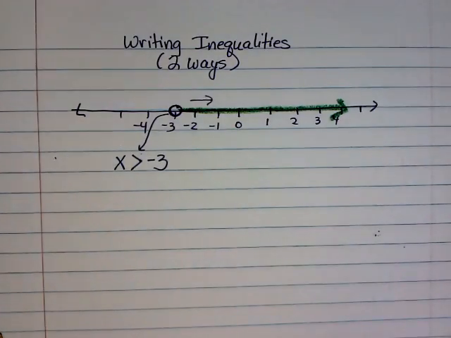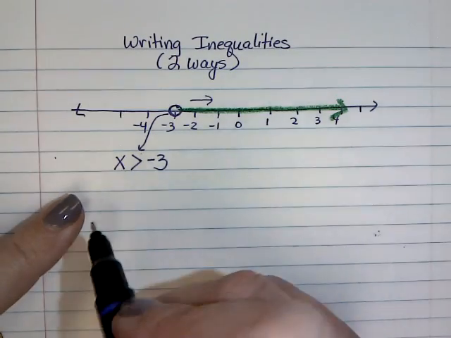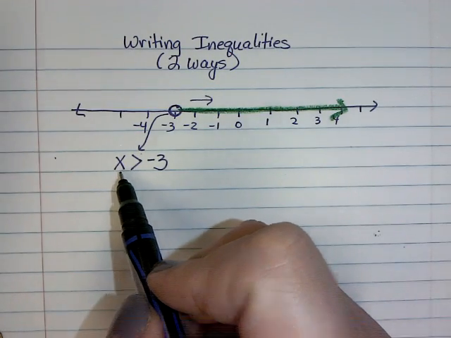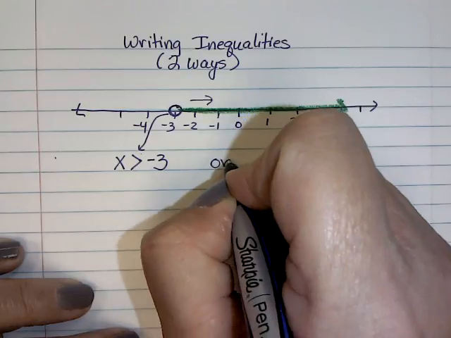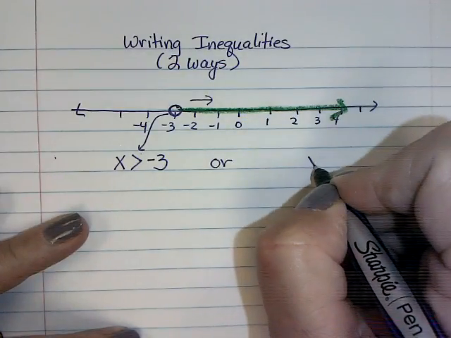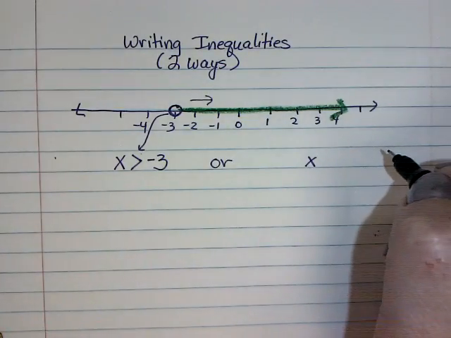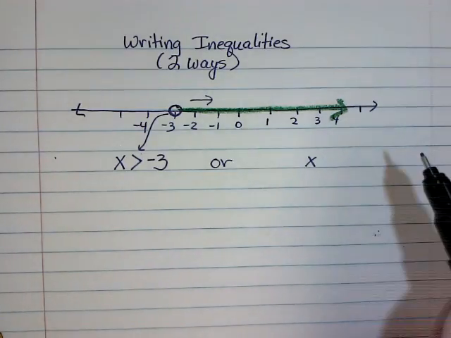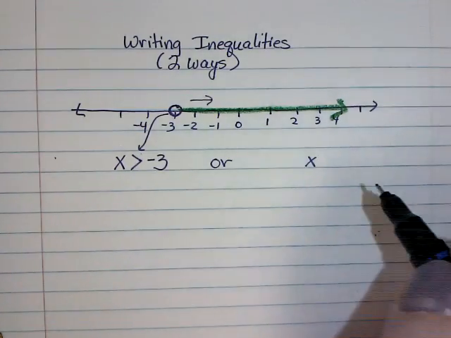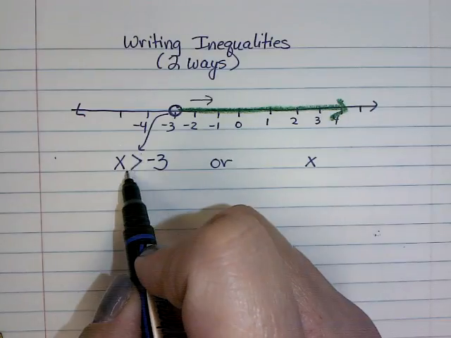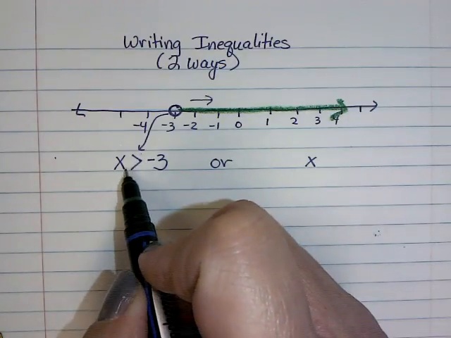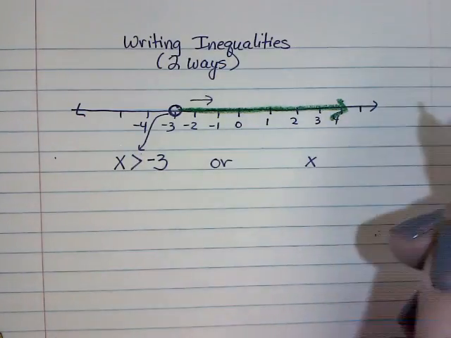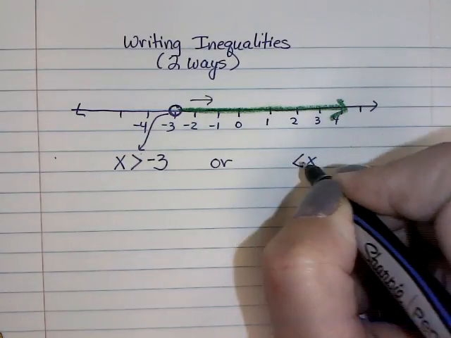Okay? Now, I can write that two ways. I can write it with my x on the left-hand side, or I can have the x on the right-hand side. Now, here's the catch. You've got to remember, wherever your x is, the fat part of my greater than sign, the biggest part of it, has to be pointing to the x.